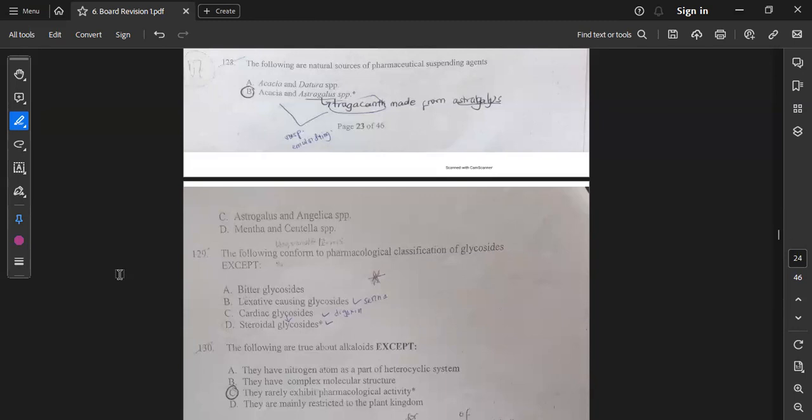129, the following conform to the pharmacological classification of glycosides, except: beta glycosides, laxative glycosides, cardiac glycosides, and steroidal glycosides. Pharmacology.